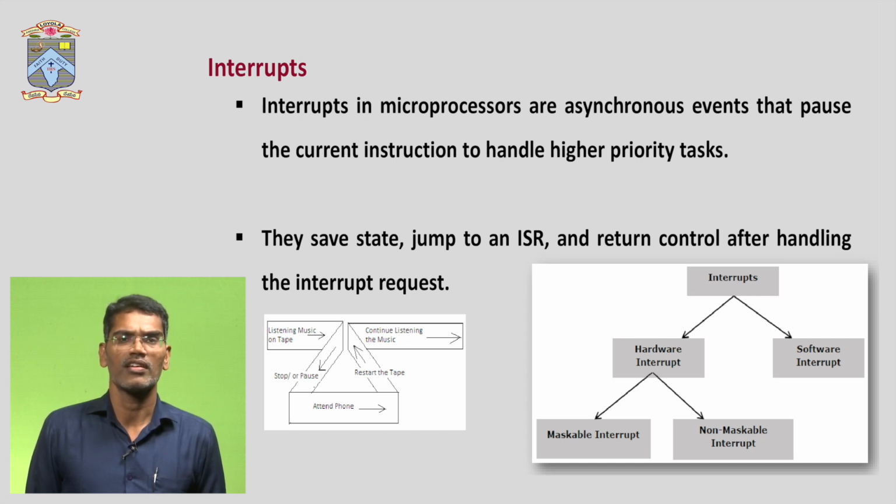All these things are handled by the interrupt handler. An interrupt handler assigns these interrupts to the interrupt service routine. In this way, the microprocessor resolves all the interrupts generated by the peripheral device or any other external devices connected to the microprocessor.